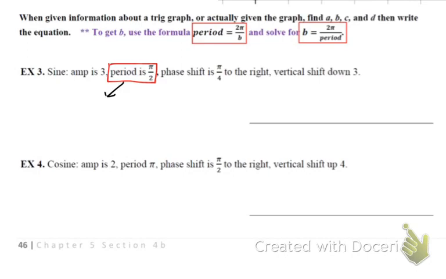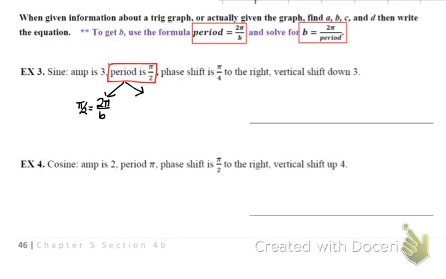We have two ways that we can find our B value. We can either use the fact that period equals 2 pi over b. That's one we've been using so far. So I can say pi over 2 must equal our 2 pi over b.